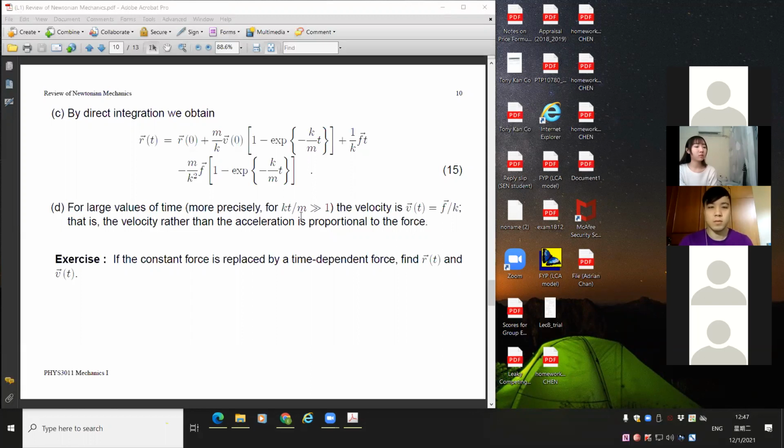When you're dealing with subatomic motion, what will be the suitable scale? Can anyone tell me? When you are dealing with a subatomic, atomic or molecular system. Nanometer, okay.